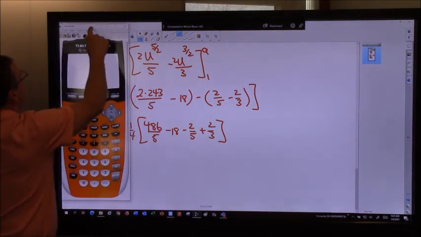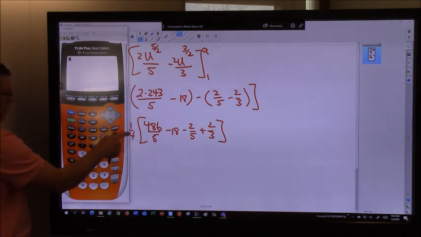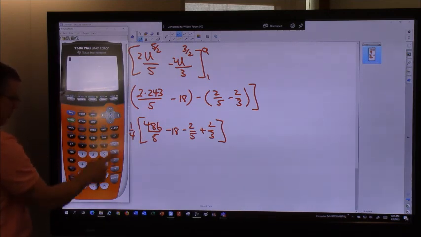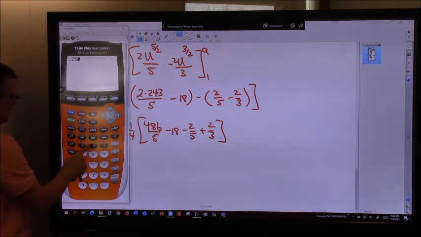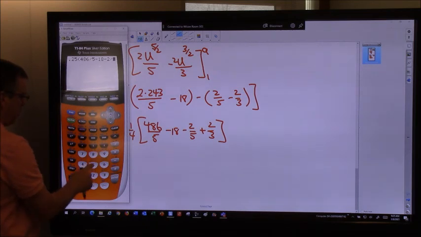So let's see, if I'm using the TI-84, I've got 1/4, I'm just going to call that 0.25, times, inside parentheses, I've got 486 divided by 5 minus 18 minus 2 divided by 5 plus 3 divided by 2, close parentheses.